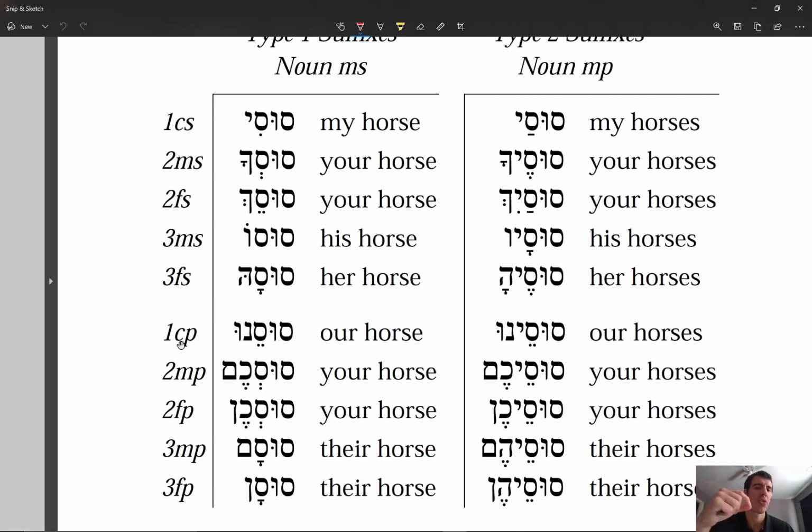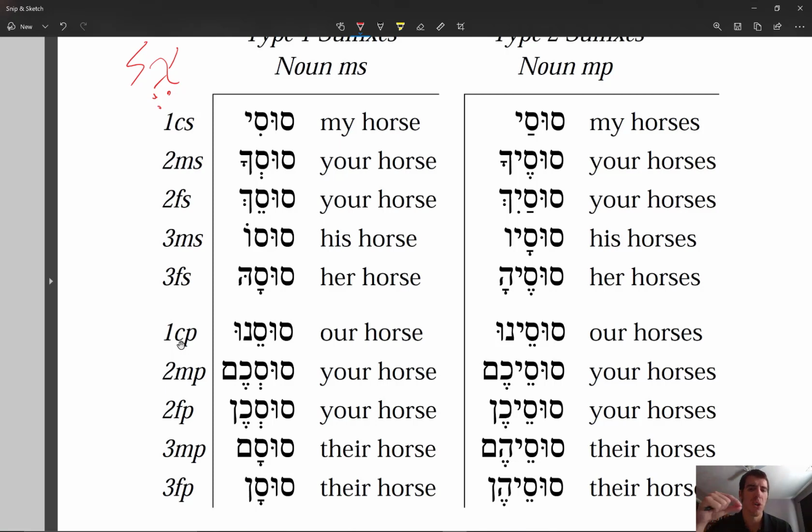But if they're attached to a preposition, like for example, el, to or toward, if a pronominal suffix is attached to that, then it is typically just to me, to you, to her. So they're objects of those prepositions. So that's the difference: on a noun, it's usually possessive. On a preposition, it's the object of that preposition. Hopefully that makes sense.